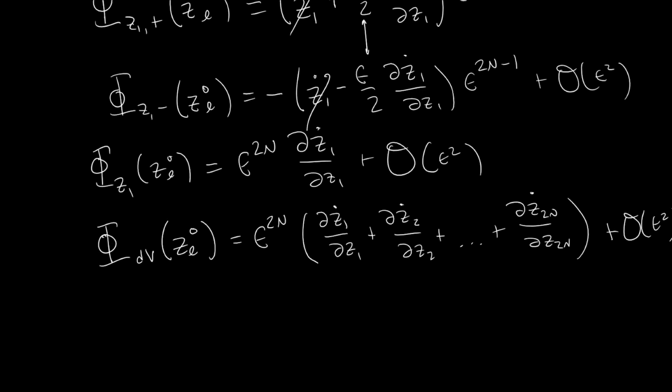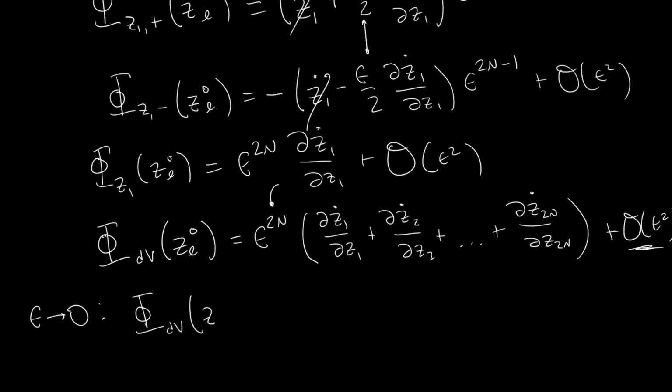So now I want to make dV completely infinitesimal by taking epsilon to 0. And so you see that this here becomes my infinitesimal volume element, and all of these higher order terms drop out.